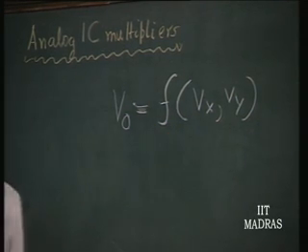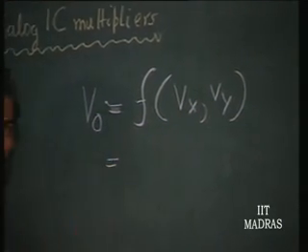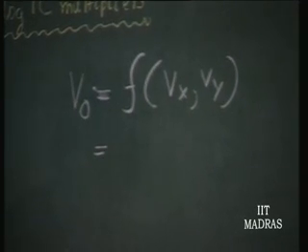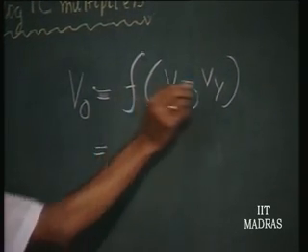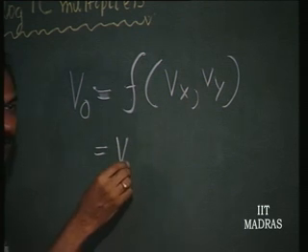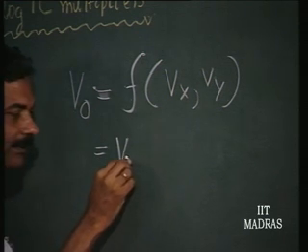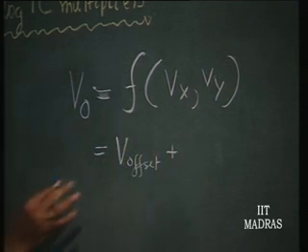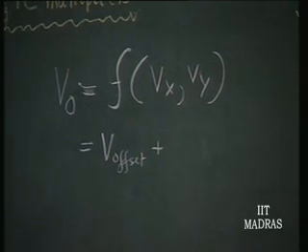That is, it should give an output which is a function of two inputs. In general, any nonlinear device is going to give us an output term which is independent of Vx and Vy, and that we will call V offset, because it is independent of Vx and Vy.